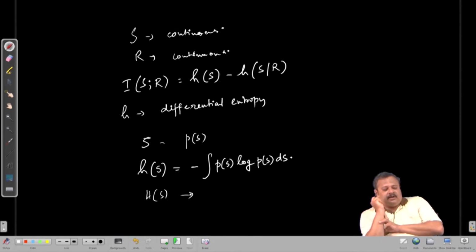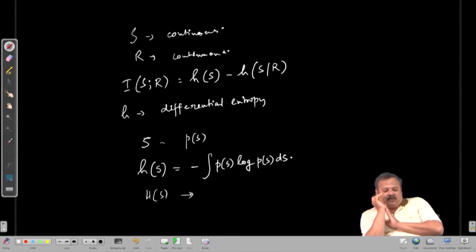Similarly, for P of R we have the same definition, little h of R, and that also is not exactly the uncertainty associated with R. There is a difference between differential entropy and entropy.